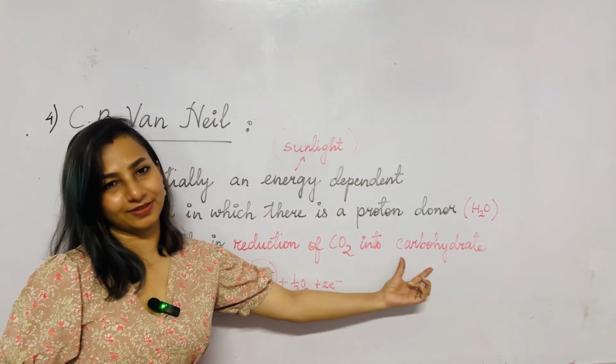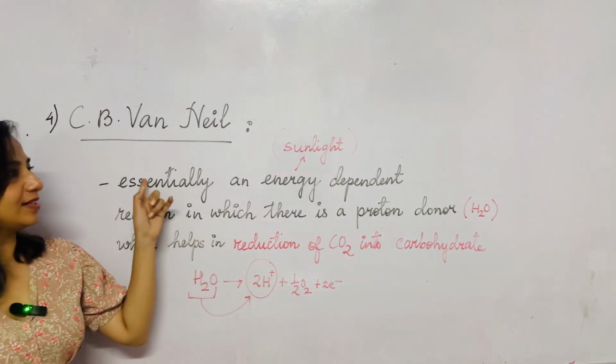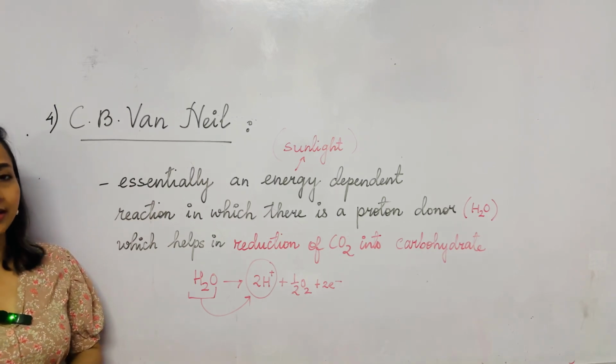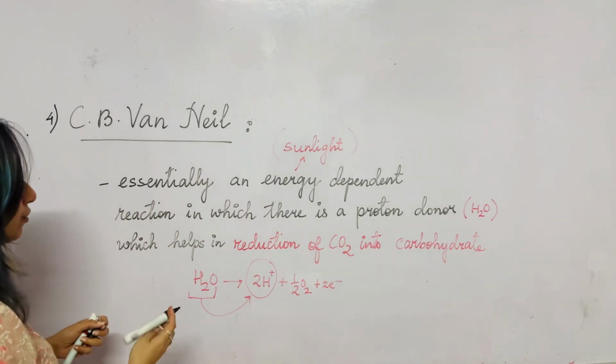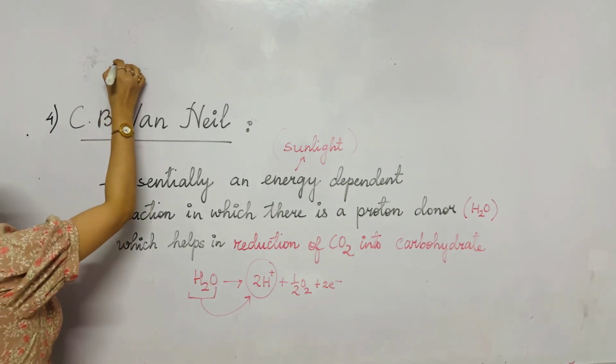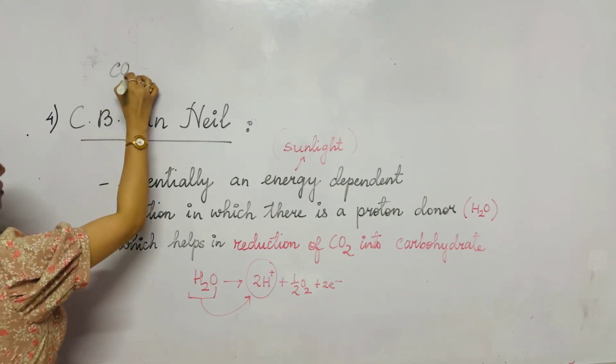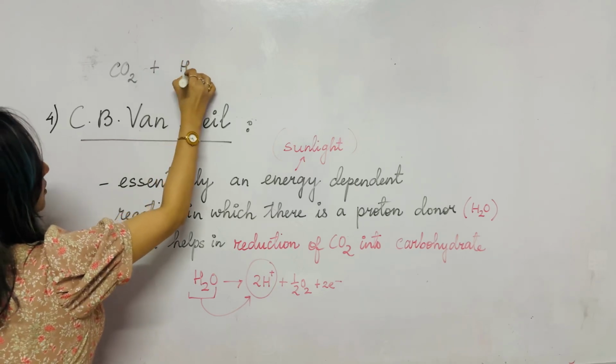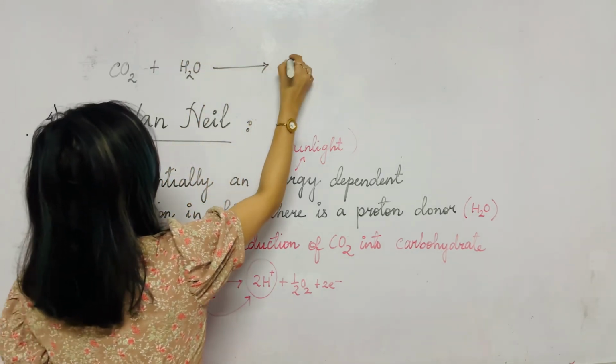that is glucose. Clear? Now, he suggested another important thing, that evolution of oxygen is from what? Water. If you look into the equation of photosynthesis, this was the equation.